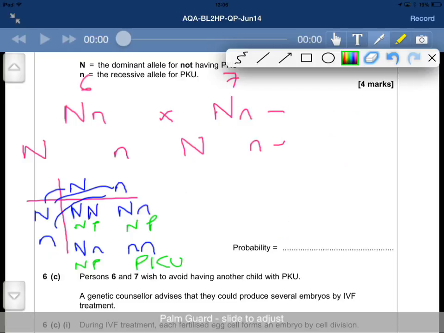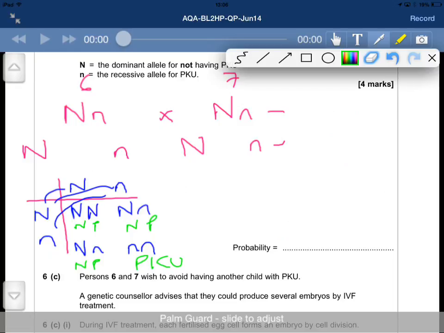So, our steps, just as a last reminder: 1, for our marks, we do the gametes. 2, we do the genotypes of offspring. 3, we do the phenotype of offspring.